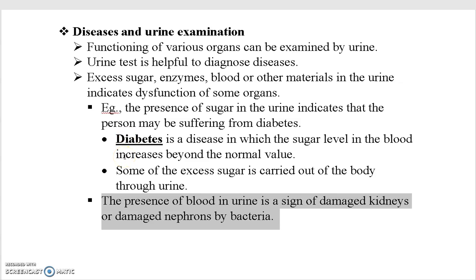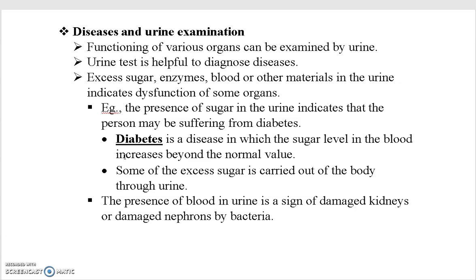Now, sometimes there is presence of blood also in the urine. That's a sign of damaged kidney, because we know that the kidney is filtering the metabolic waste material from the blood.